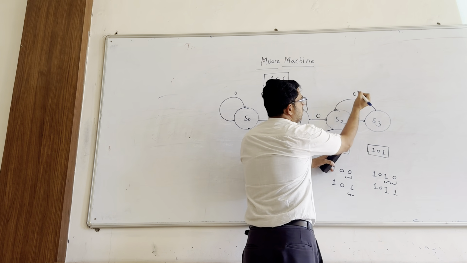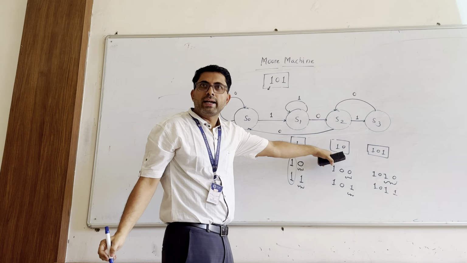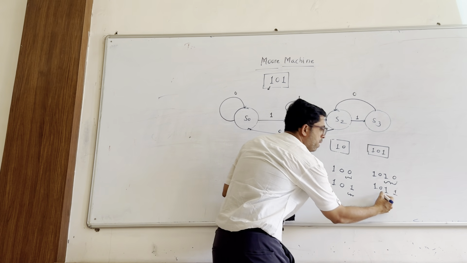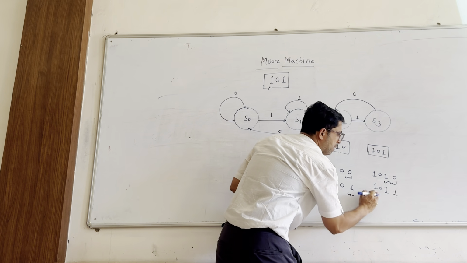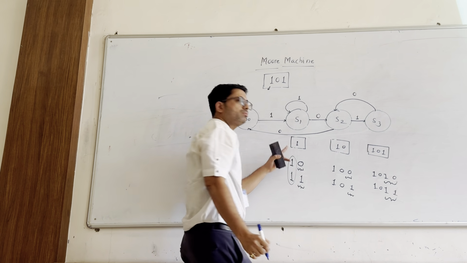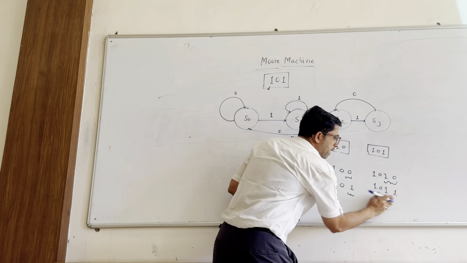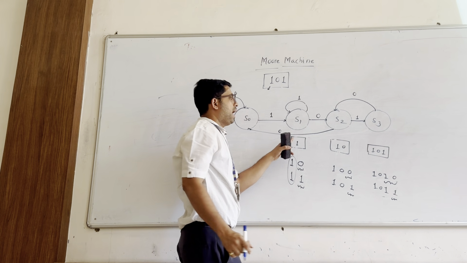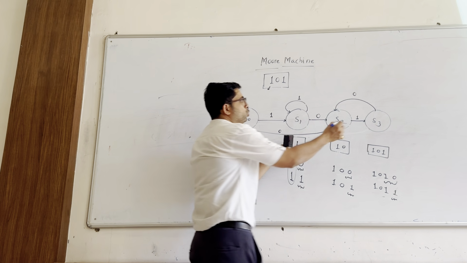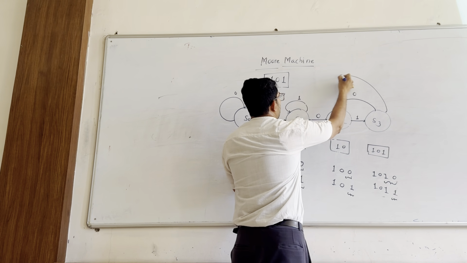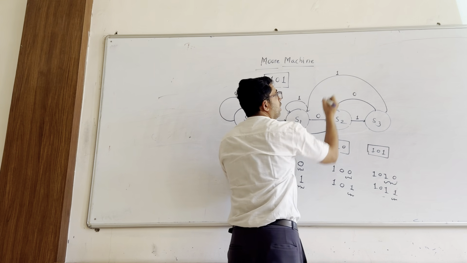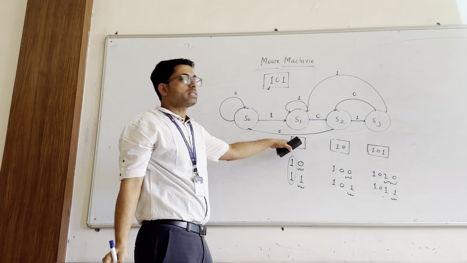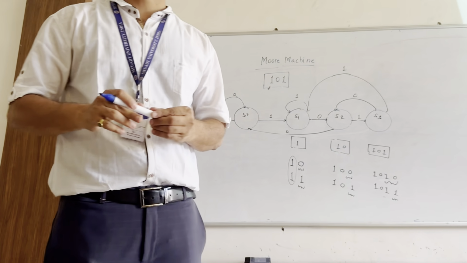For 0. Got it? Now for this one, 0 1 1 is not available in the square box. 1 1 is available in the square box. 1 is available in the square box. Where is it? S1. So from S3 to S1 again. Got it, everyone?